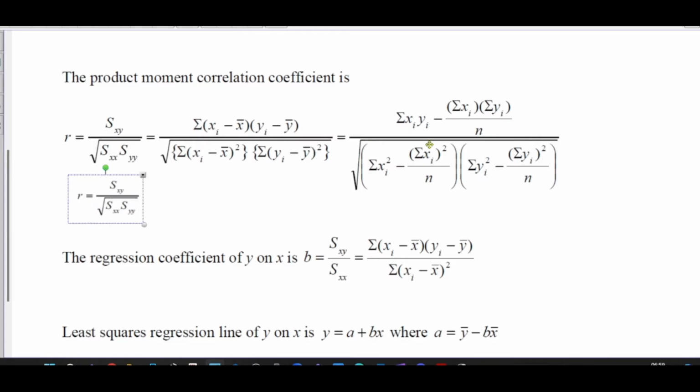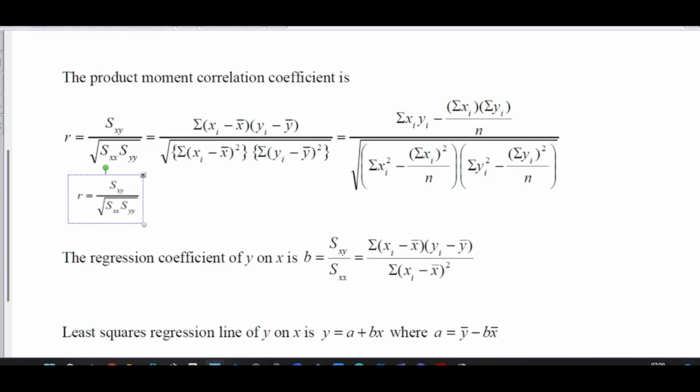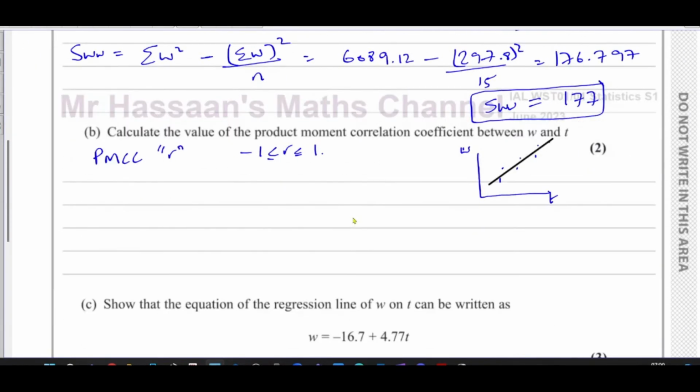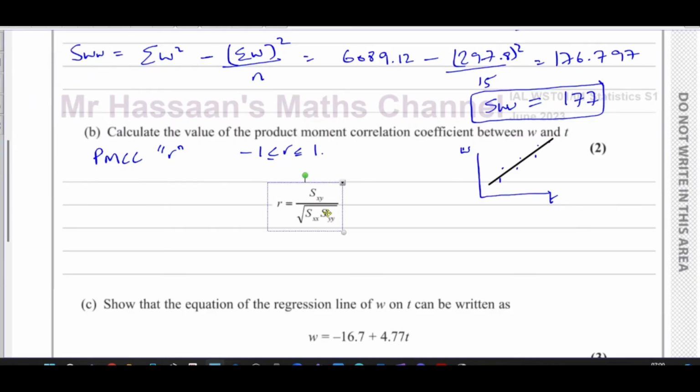They've given you all these different formulas, which are basically the same as, I mean, this is how you find SXY. This is how you find SXX. So it's basically the same things as we had above, but this is like the summarized version of the formula that we need. And that will help us find the PMCC. So we need to have these values, which we already calculated or given in the previous part of the question.